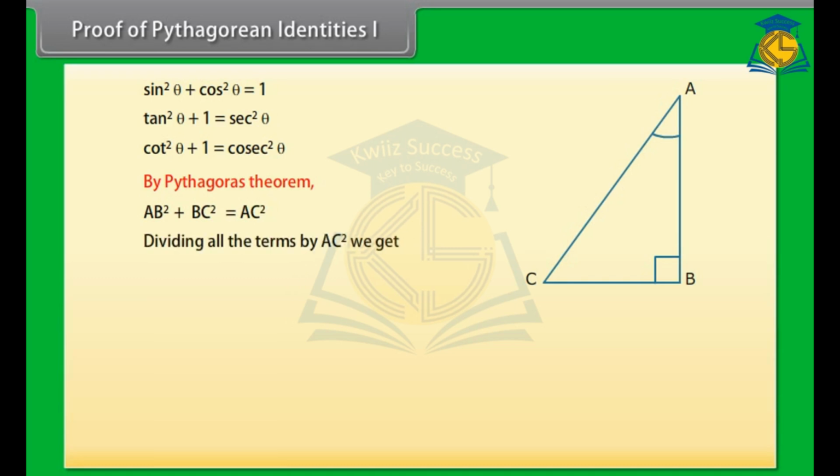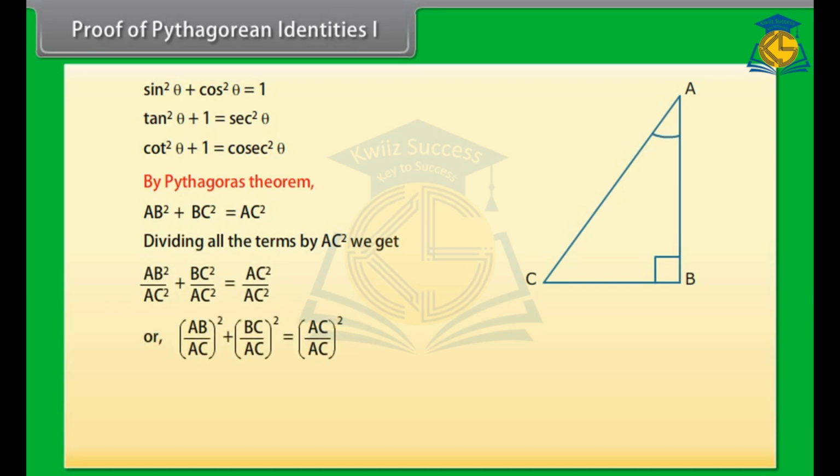Now dividing each term by AC square, we can write it as AB upon AC whole square plus BC upon AC whole square is equal to AC upon AC whole square. That is, cos square A plus sin square A is equal to 1.